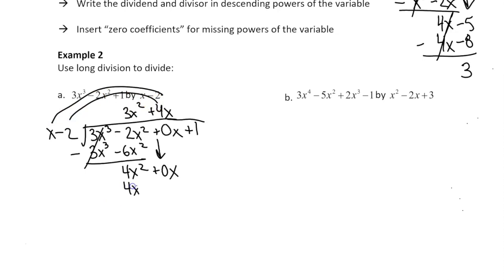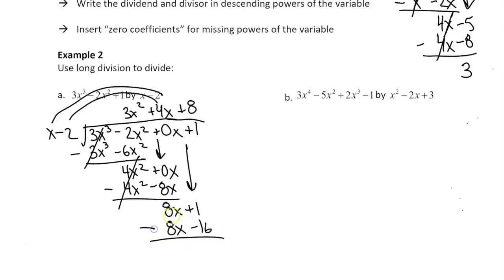So we would get 4x squared minus 8x, subtract it, cancels out, 8x, carry down the 1. X times blank equals 8x, x times 8 equals 8x. So we get 8x right there. Negative 2 times 8 is going to give us negative 16. Subtract it, and that gives us a remainder of 17.